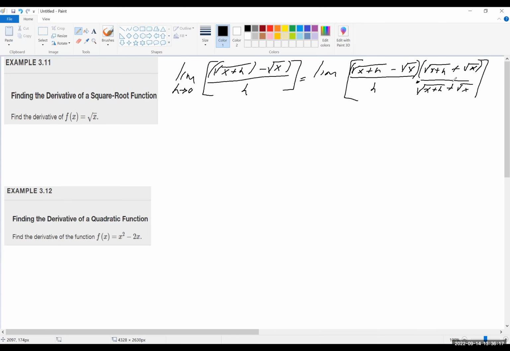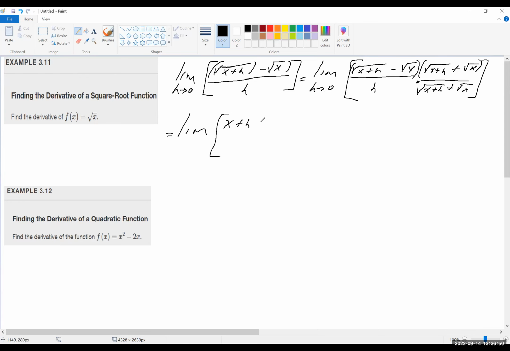So we need to multiply by a term where the numerator and the denominator are identical. And just for space, I'm going to come all the way over here. That leaves me with the limit of, and so I'm basically going to FOIL this out, and x plus h, that's the first.